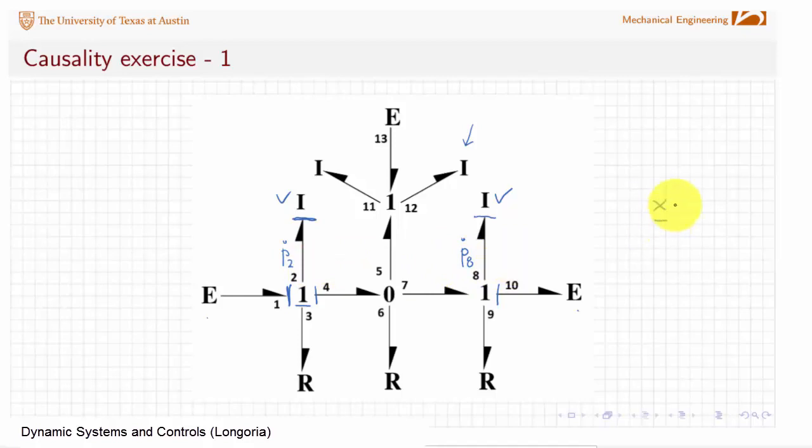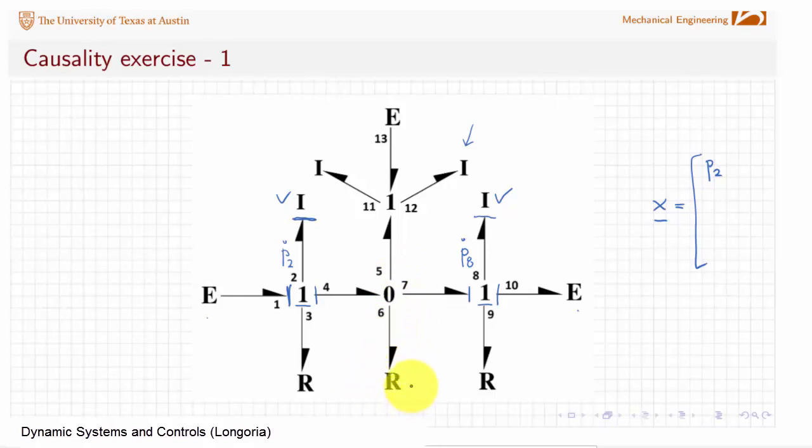So my state vector so far is P2 and P8. I'm going to wait because I want to order them. I suspect I'll have another independent state here. So I've applied a flow here, so now I can have these bonds that apply efforts, right? And note, another flow into this zero, I have two bonds unassigned, so I don't have to apply any of these yet.